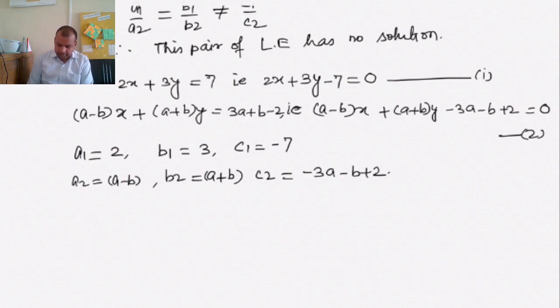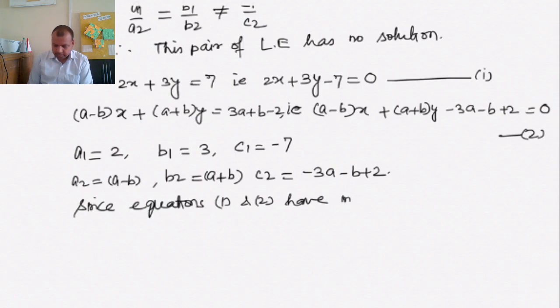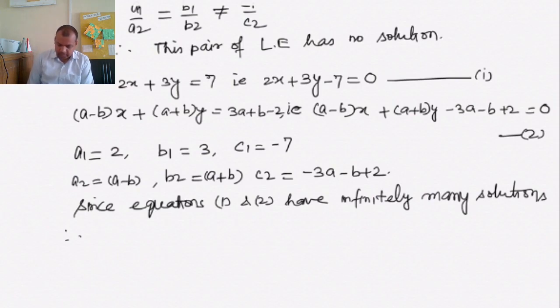So we will write here, since equations 1 and 2 have infinitely many solutions, therefore a1 by a2 equals to b1 by b2 is equal to c1 by c2.